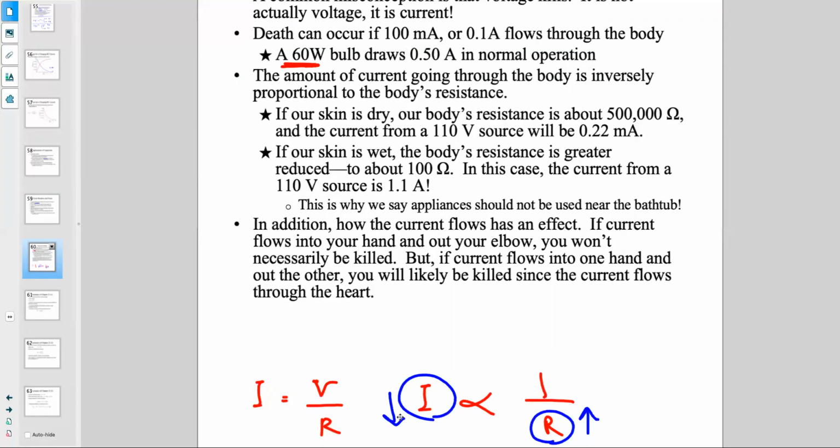And from a 110 volt source, if your skin is dry, the current would be probably somewhere around 0.22 milliamp, okay? But if our skin is wet, let's say you're right out of the shower, the body's resistance is greatly reduced because you have water, which is a good conductor, on your skin.